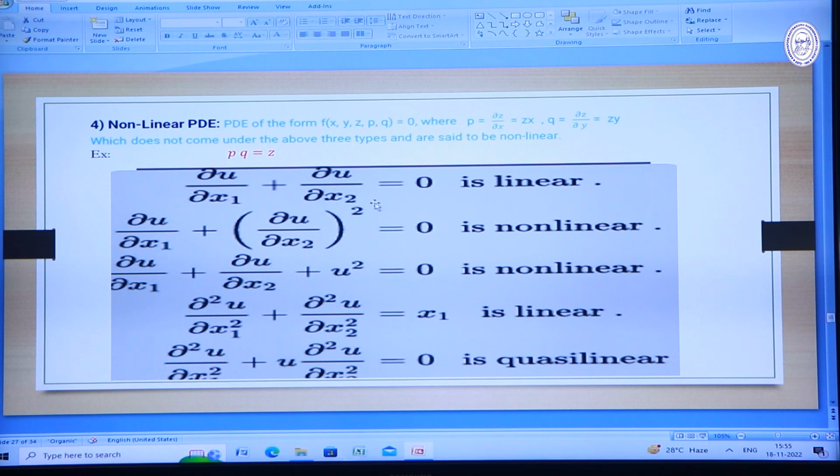This is non-linear because of degree 2. Again, this is non-linear because the dependent variable y is of degree more than 1, and this is linear, and this is Cauchy linear.